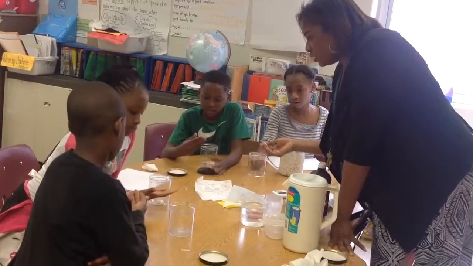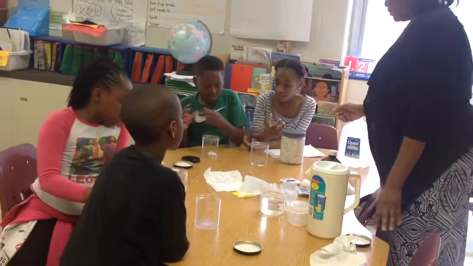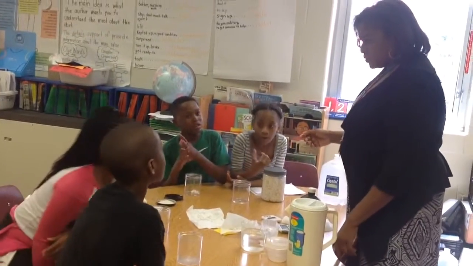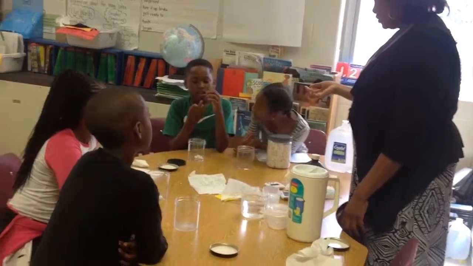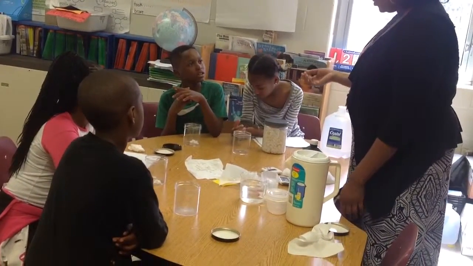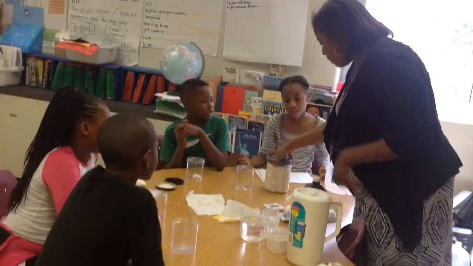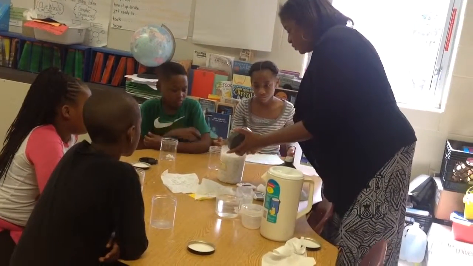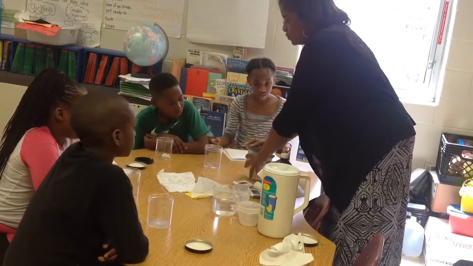What do you notice when you're doing it? What do you think that comes from? The rock when you scratch it on your nail. It's the leftover pieces. Where do you think the leftover pieces come from? Think about that as we move through our lab.